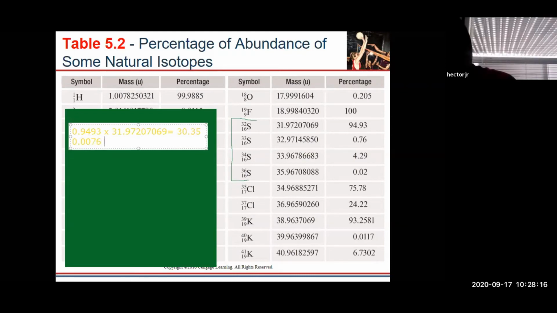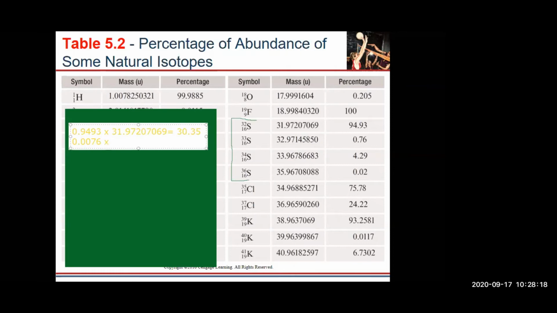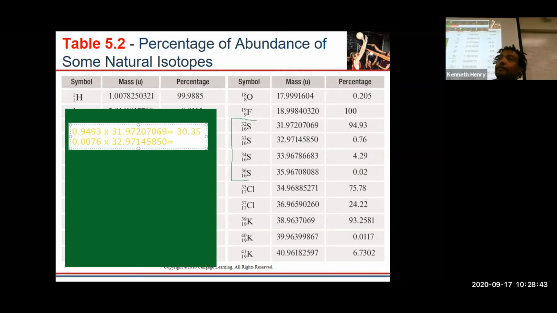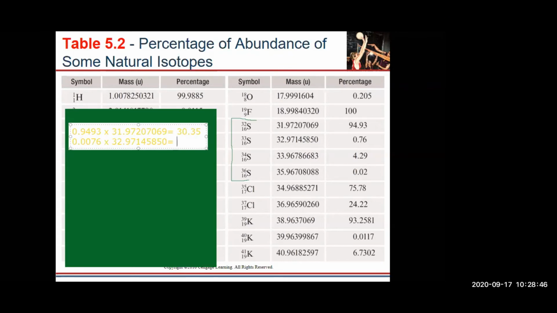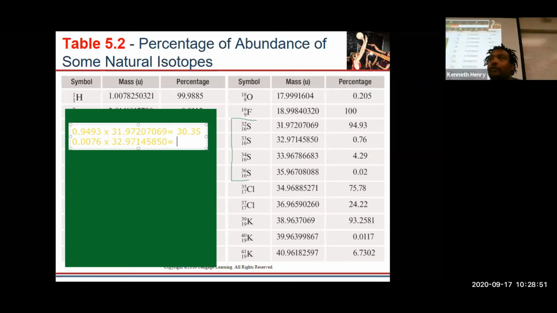Is that correct? Yeah. Okay. How many sig figs? 4. Or, oh, we have 2. 2 is correct.